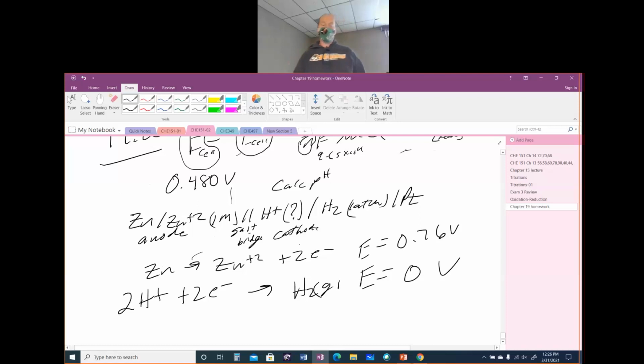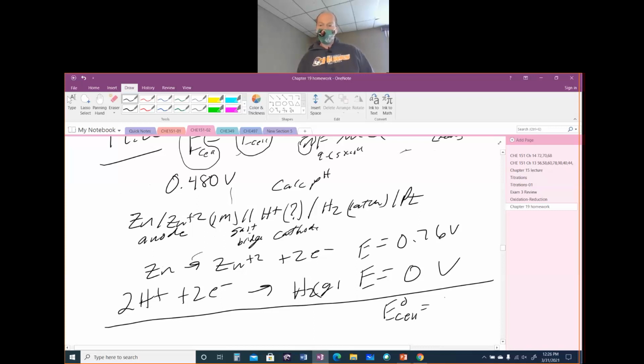So the oxidation of zinc, the reverse reaction, is positive 0.76 volts. All right, and so then you add that up, of course, you have 0.76 plus 0, so your E naught cell from table 19.1 is 0.76 volts. And that's what's going to go here, 0.76 volts.